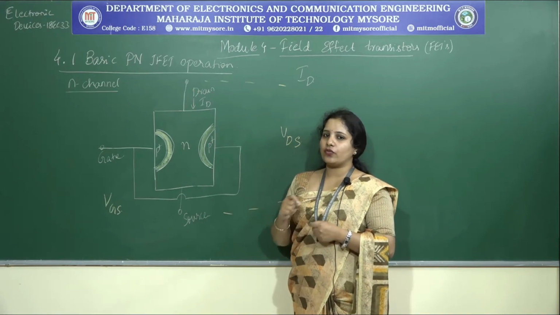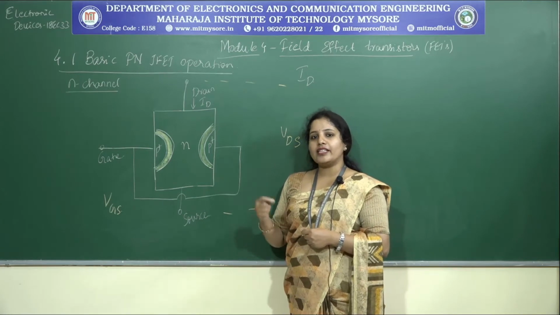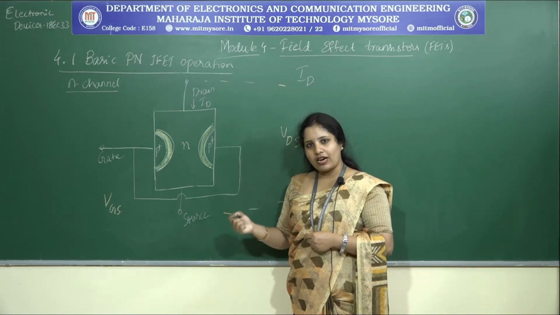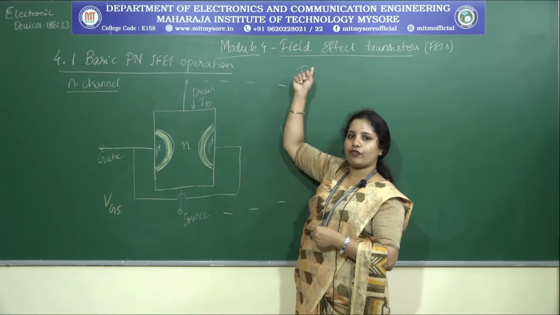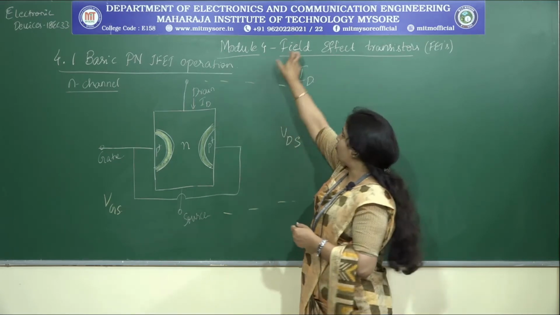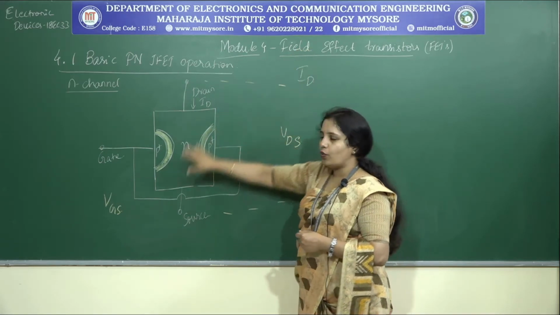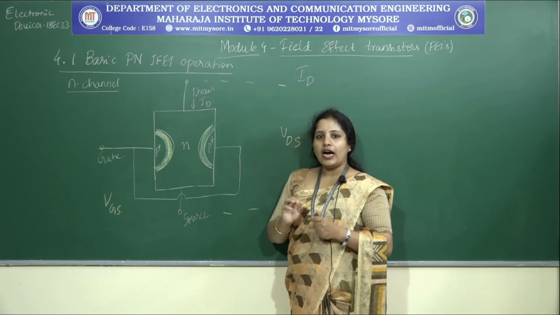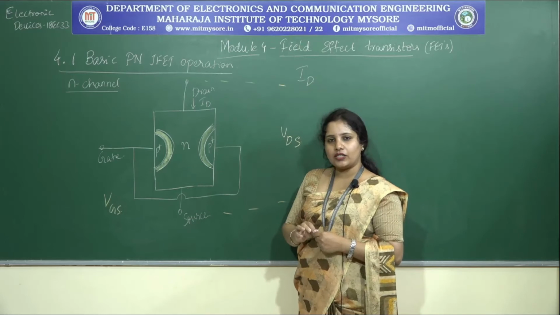Hence, devices wherein the electric field plays a vital role in deciding the working principle are referred to as field effect transistors. And which field am I referring to here? It is the electric field that is being generated within the device. I hope all of you are clear with the name of this particular transistor.